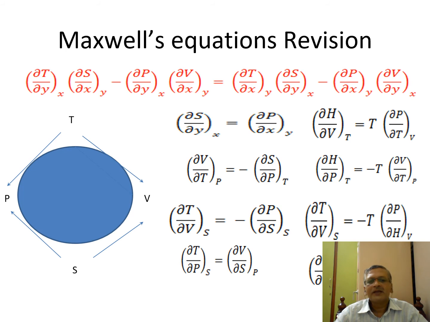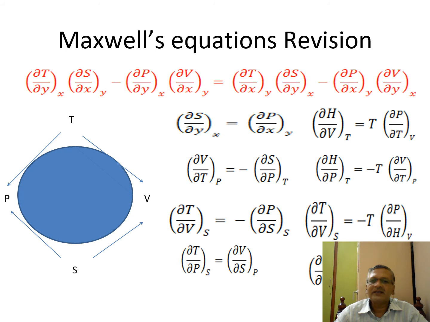See the arrow marks. From T it goes to V and then to P. From S it goes to V and then to P. So we can write the first term, first P and V. P and V are constants, therefore LHS is T, RHS is V.